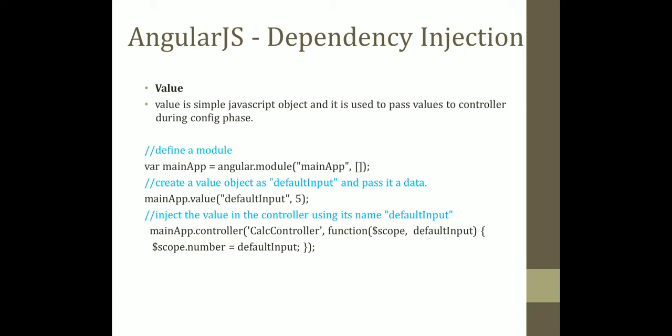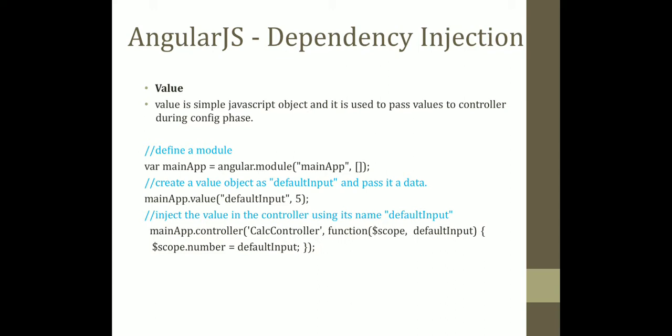So as told, the value object contains the first parameter as the name of the value and the second parameter as the value for that name. Okay, so here the name is defaultInput and the value assigned to it is 5.